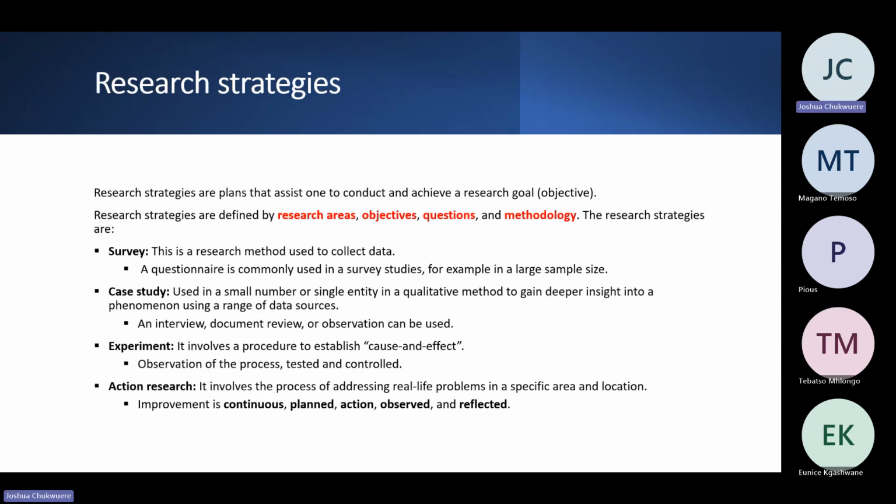Then you say, okay, let's implement this research. By the time you're able to do it, you still go back to them and plan it again and redo it. You observe how the intervention is working, whether it's working or not. You reflect on that and then you make corrections.